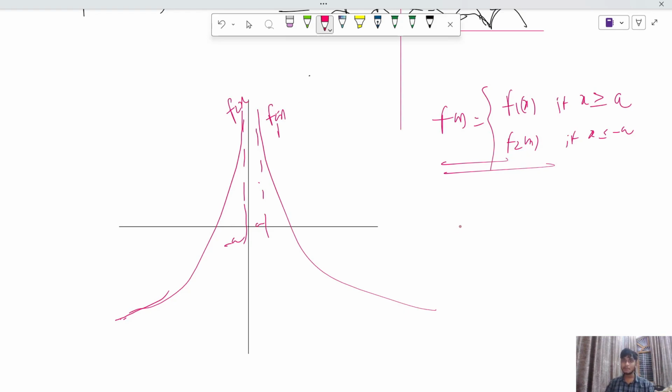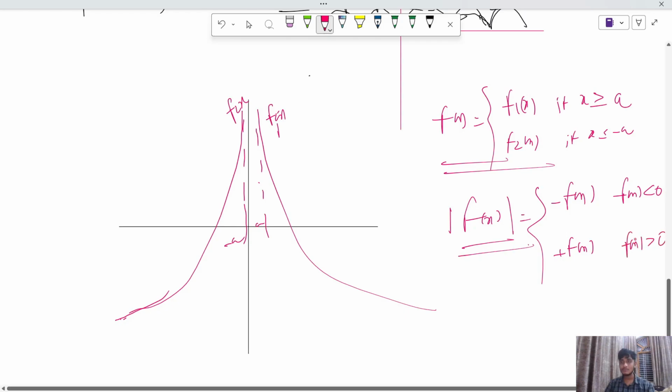Now I am asking for modulus of f of x of a piecewise defined function. Now things get a little bit spicier, because it is minus f of x if f of x is less than 0, and plus f of x if f of x is greater than 0.